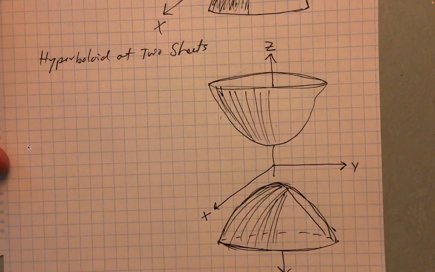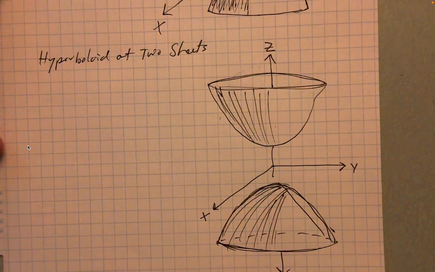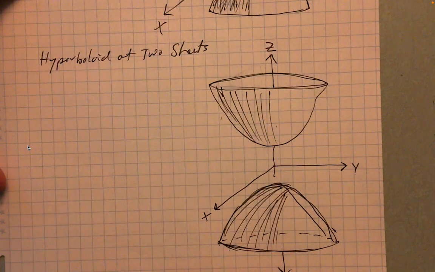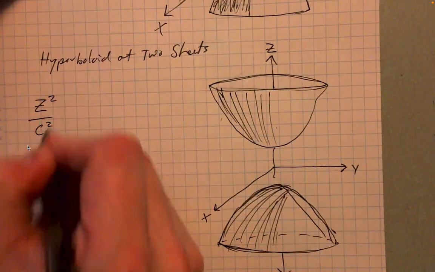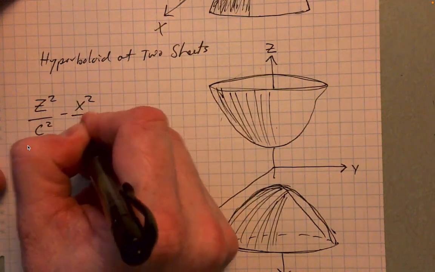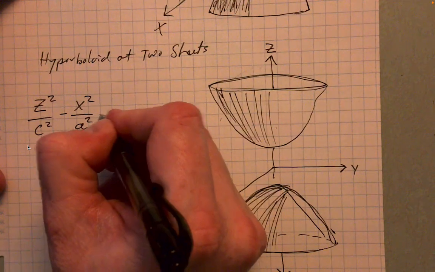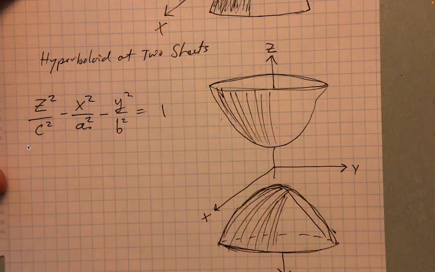In the case of the hyperboloid of two sheets, here's the equation: z squared over c squared minus x squared over a squared minus y squared over b squared equals 1.